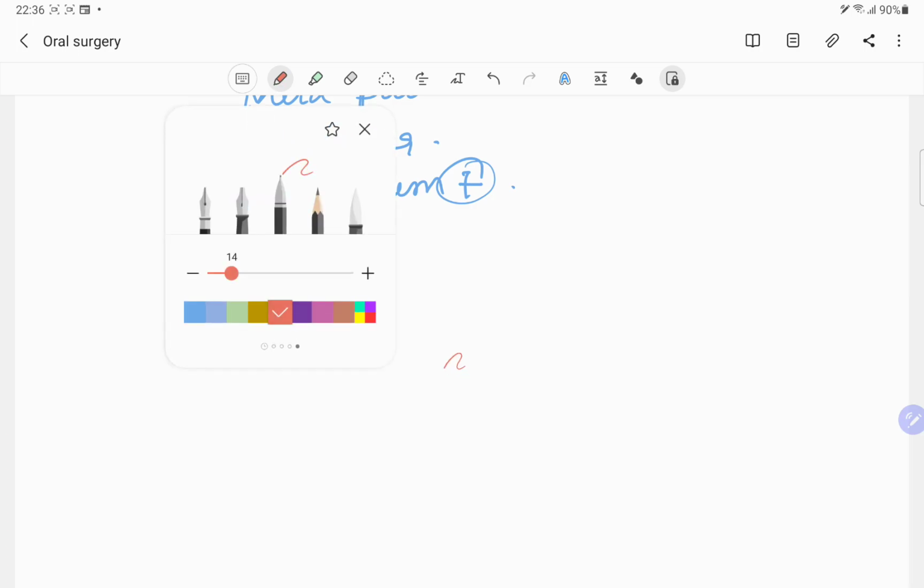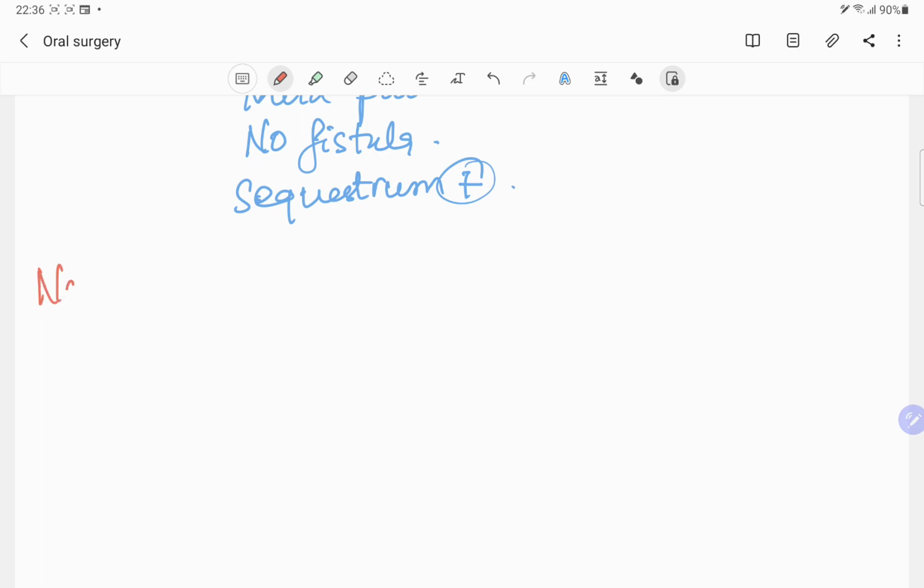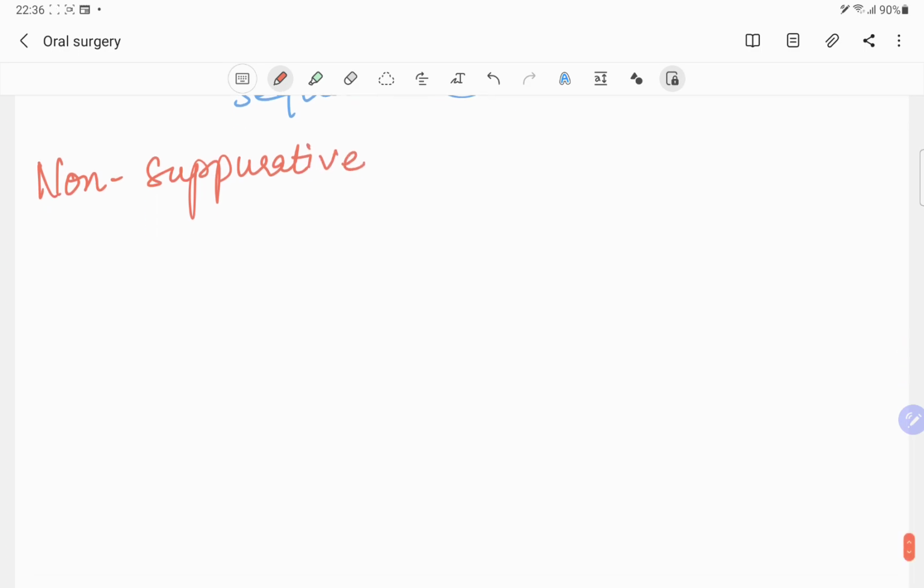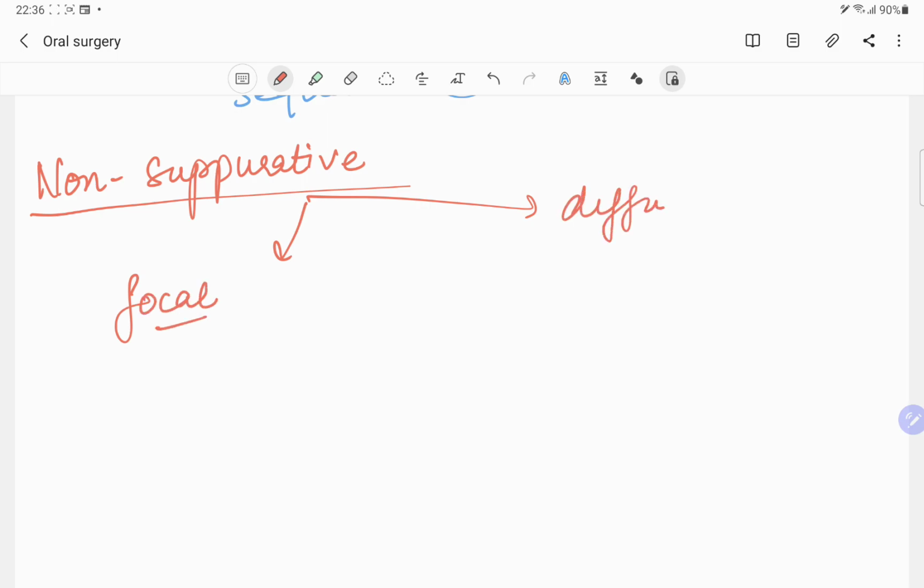So let's talk about the non-suppurative infections. In the non-suppurative infection, we can have two kinds. One is focal, another one is diffuse.